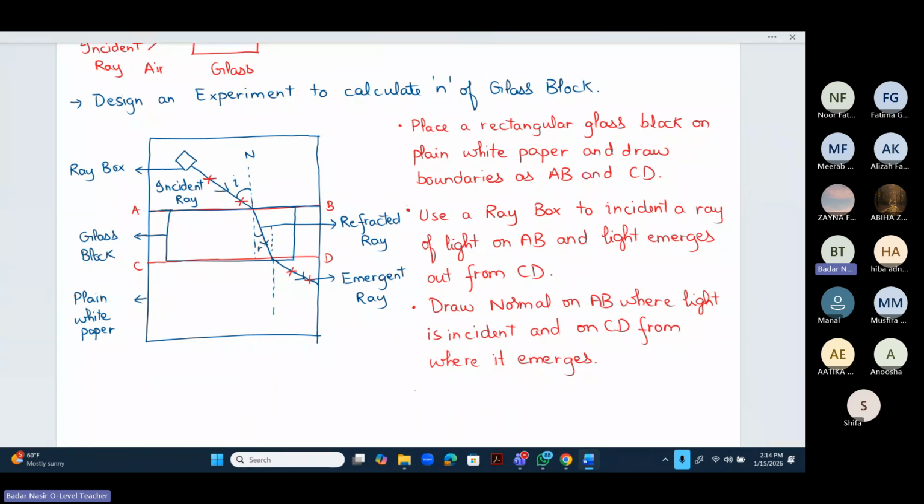नॉर्मल ड्रॉ करने के बाद mark two crosses x1 x2.